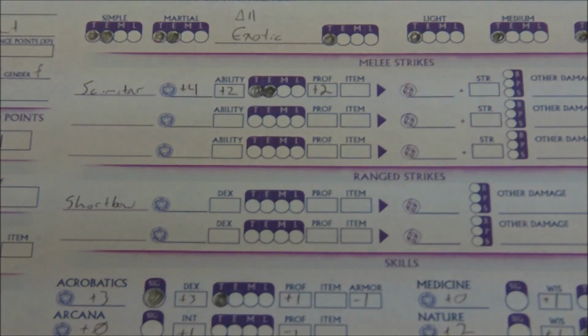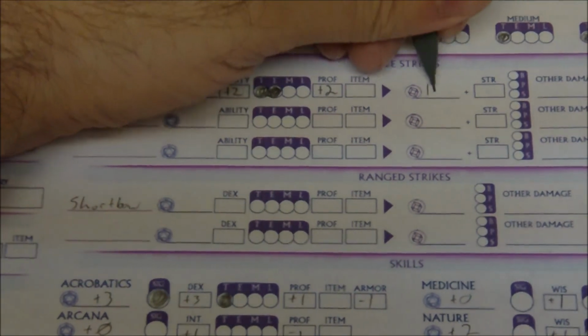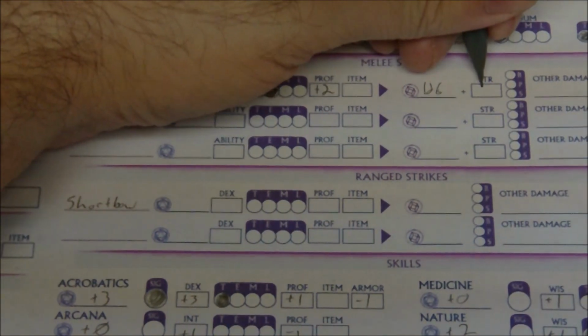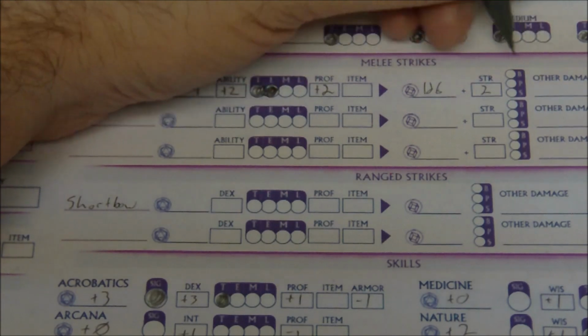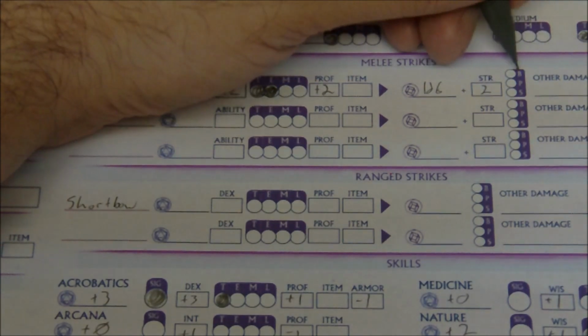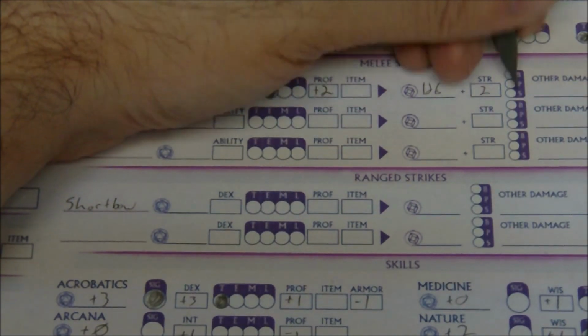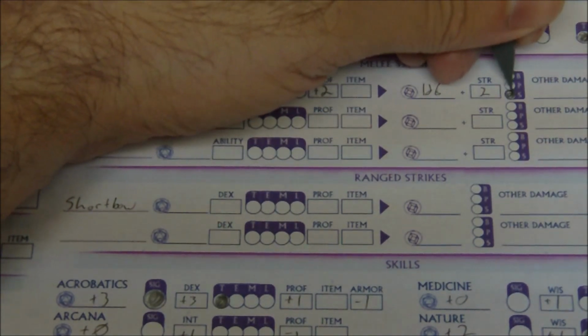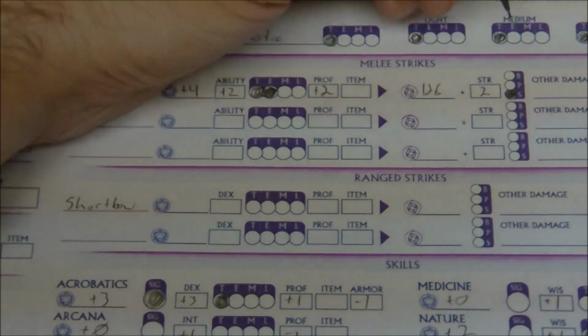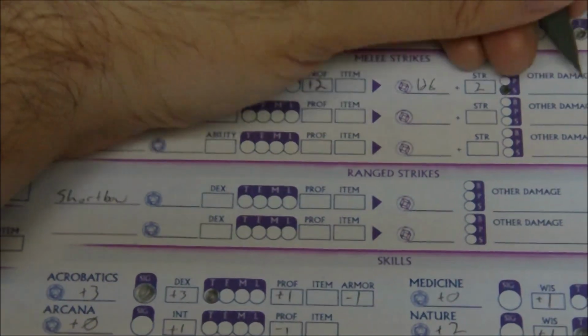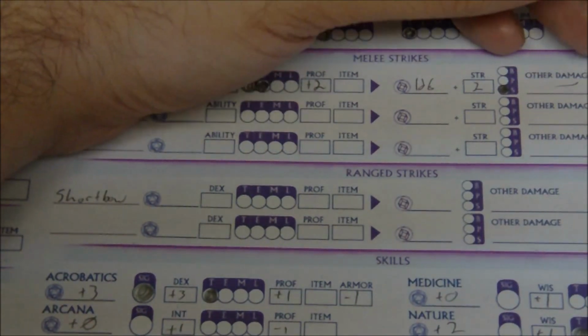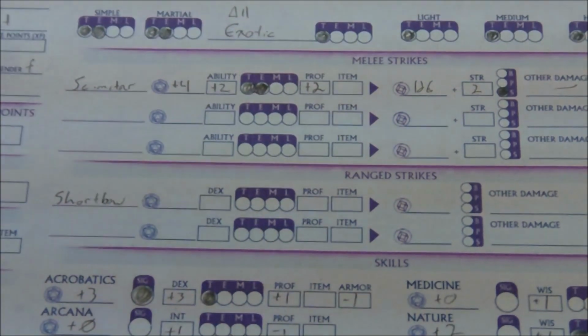The damage that it deals is 1d6, plus my strength modifier of +2. And we've got B, P, or S here. So this one actually is just a slashing weapon, so I just shade in the circle for slashing. And that's it. There's no other damage at this point in time. And then there's forceful or sweep. And that's it for that weapon.